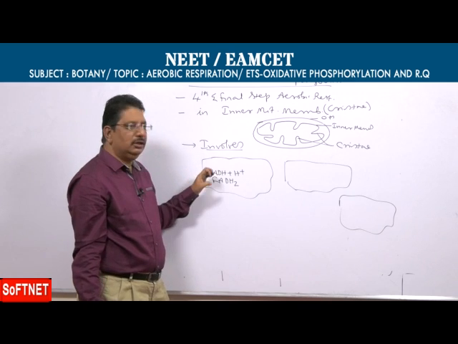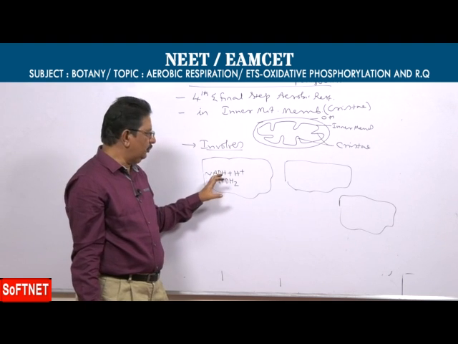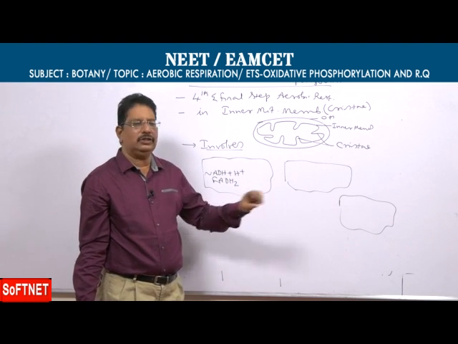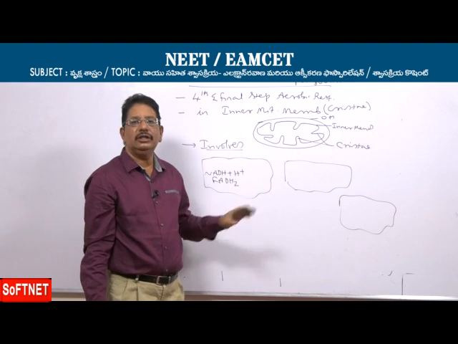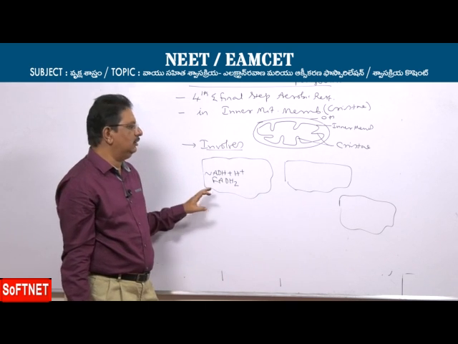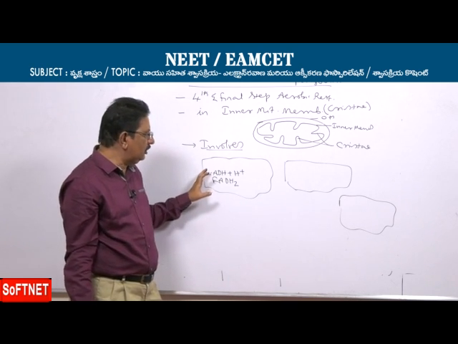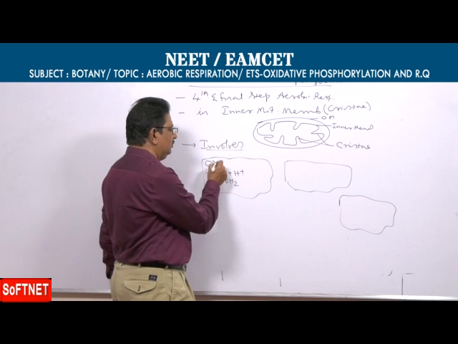They hold the electrons and the protons of glucose. They are supposed to transfer the energetic electrons of glucose to the ultimate electron acceptor in order to generate ATP. So, these reduced coenzymes need to be oxidized.